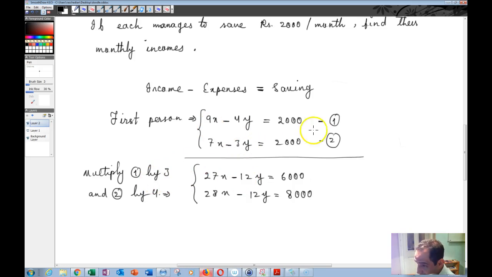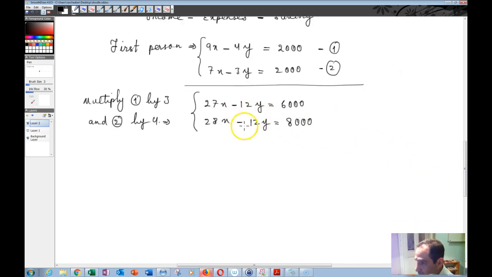These are actually the same equations. I have not changed anything in these equations, I have just multiplied them by a factor of 3 and a factor of 4, and you can multiply your equations by any factor, and since you're multiplying everything by the same factor, you're not changing the equation. Now you see that I have negative 12y over here and negative 12y over here.